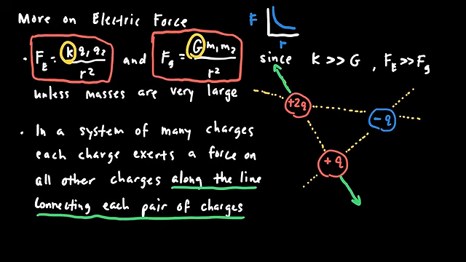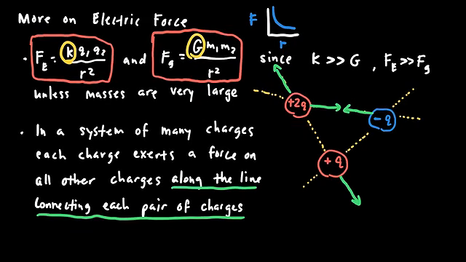And they will attract one another with a force that's equal in magnitude to the force from the previous two charges, because previously we had a plus 2q and a plus q. Now we have a plus 2q and a minus q. The magnitudes of these pairs of charges are the same, but this time the force should be attractive.